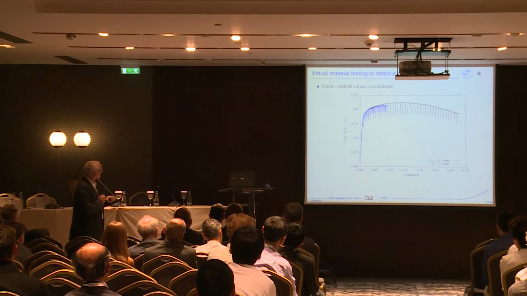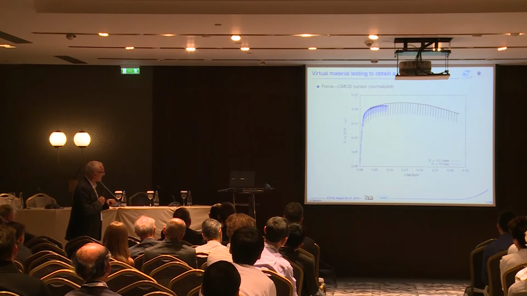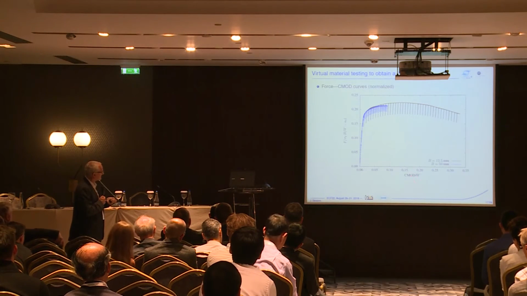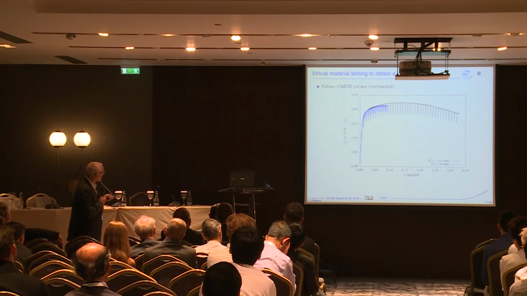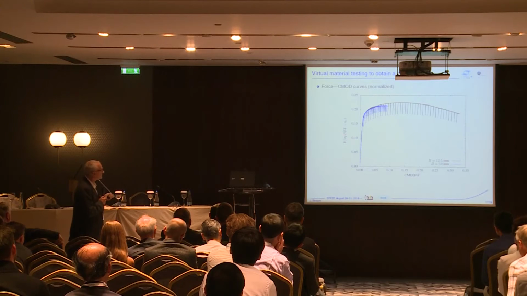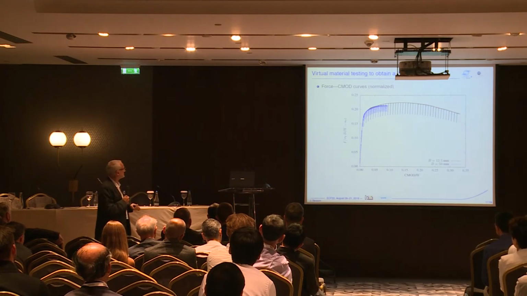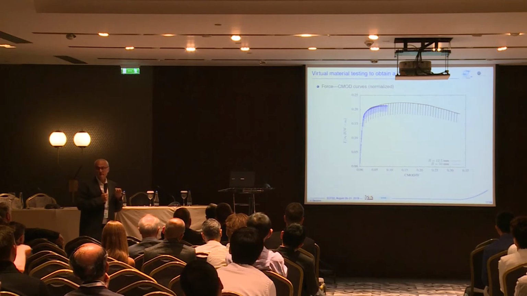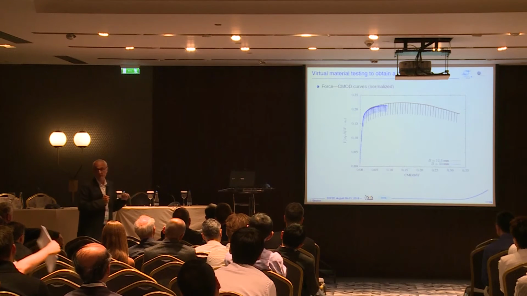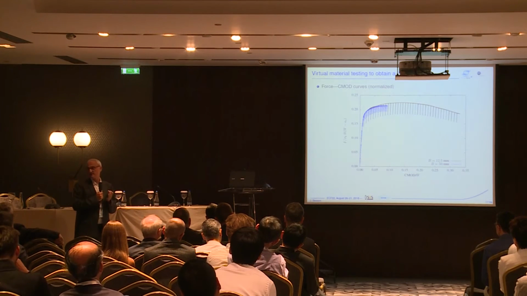So here I plot the force versus CMOD, but normalized by the specimen width and by the specimen initial cross-section times the UTS, basically. So if there is only plasticity, the two curves, the two specimens, should exactly be the same.